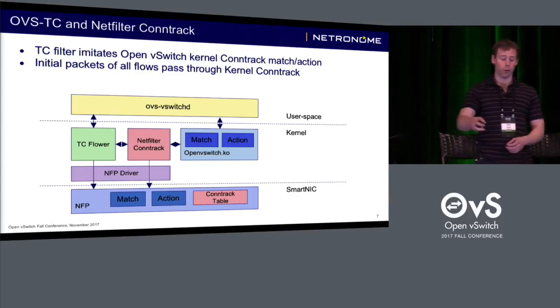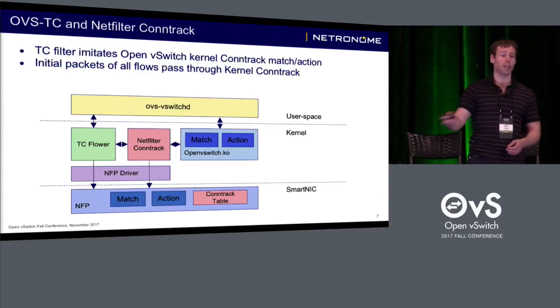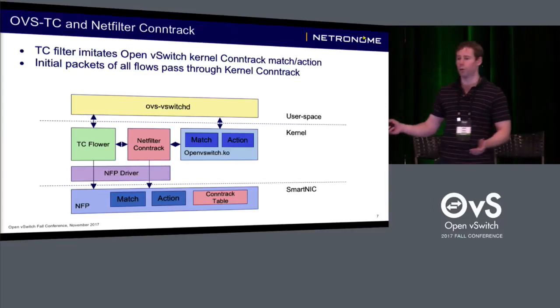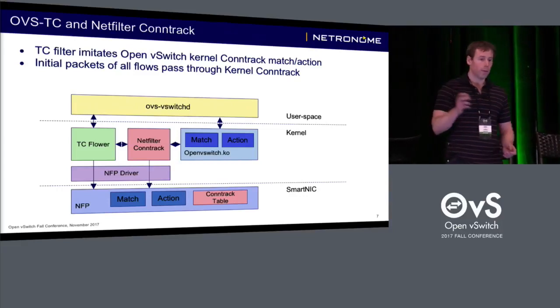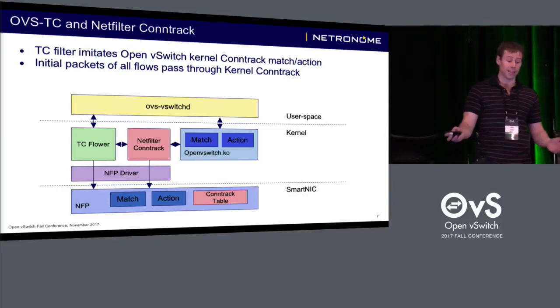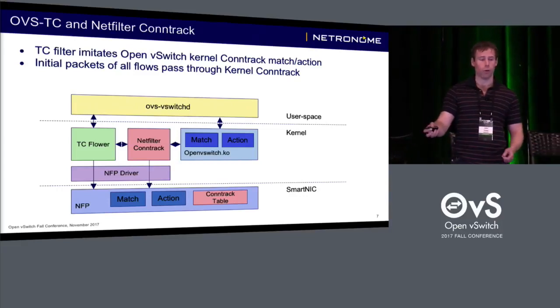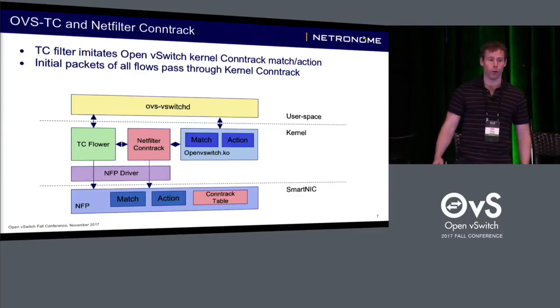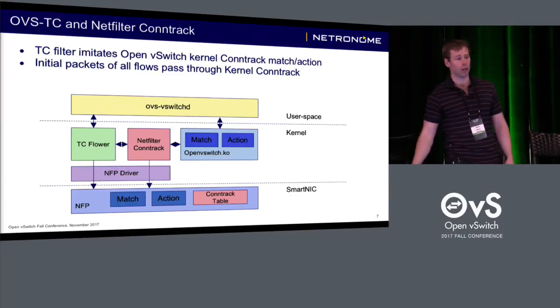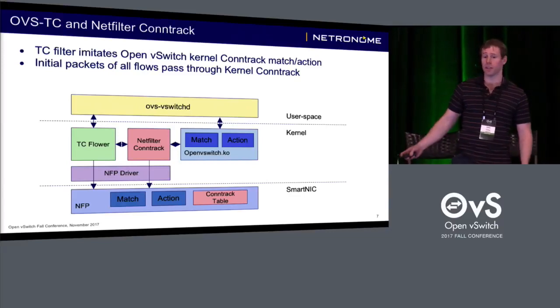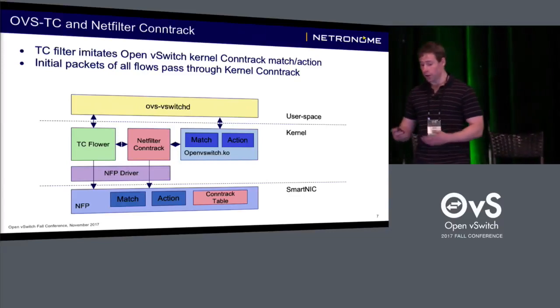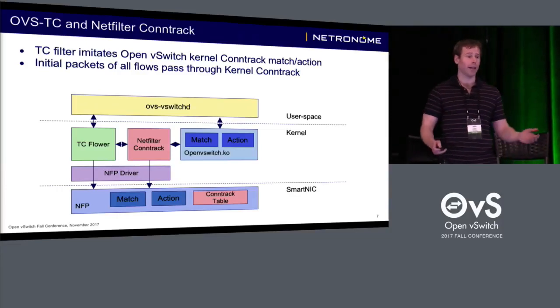Open vSwitch kernel to Conntrack module, that exists. That's been there since OVS 2.5. This new work will hopefully exist quite soon, going from TC Flower to Netfilter Conntrack. But we also have the line from Conntrack to the NFP. So how can we offload Conntrack flows? This is something that doesn't exist currently, and it's something that we've been looking at, and hopefully, again, very soon will exist.